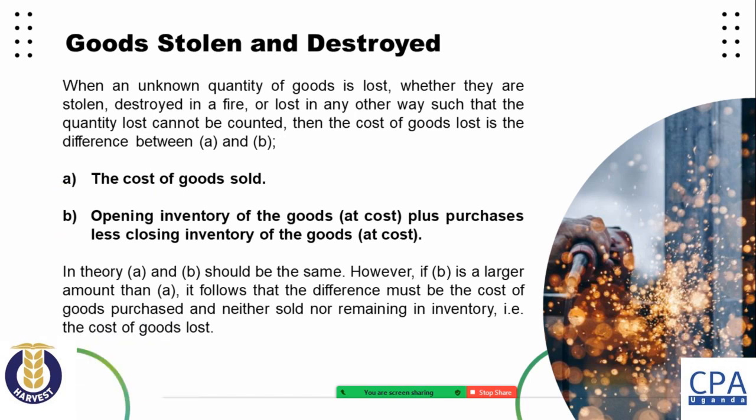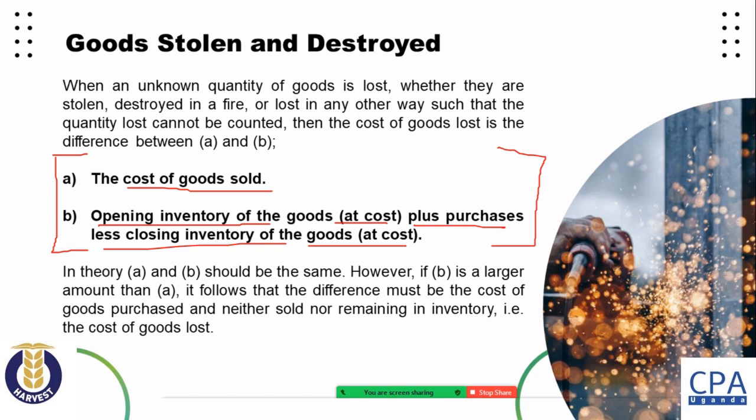So there's a formula here. It is narrated, but this is a formula. You have to subtract A minus B. A being the cost of goods sold, minus B, the opening inventory of goods at cost plus purchases less closing inventory of goods at cost. In theory, these two must be the same. A and B must be the same.